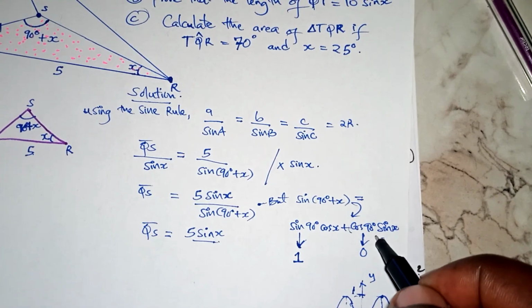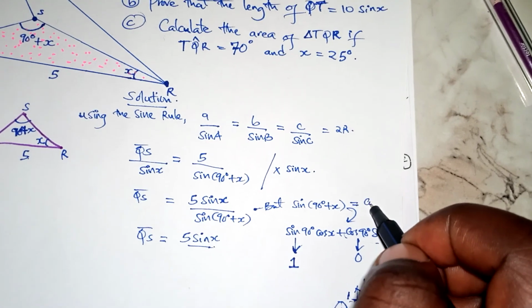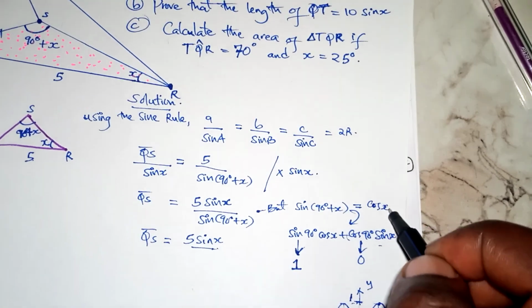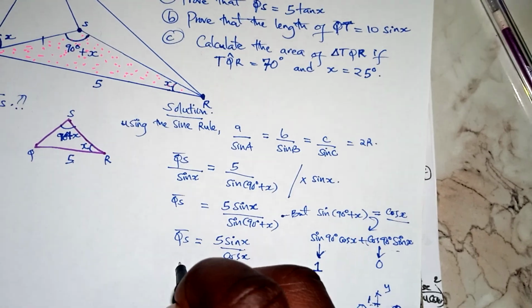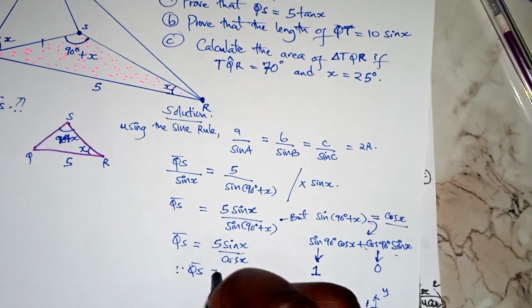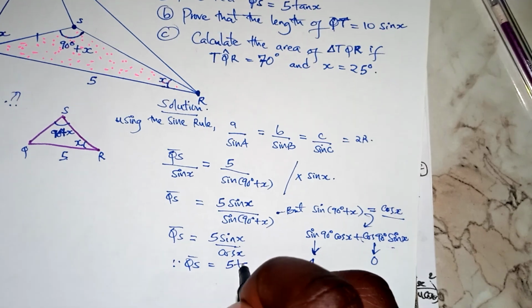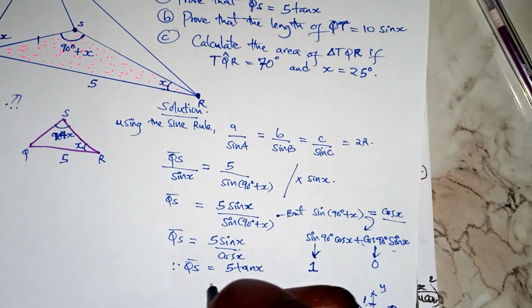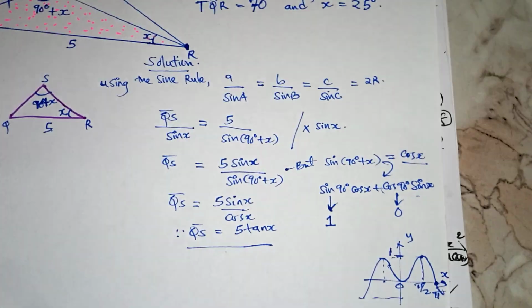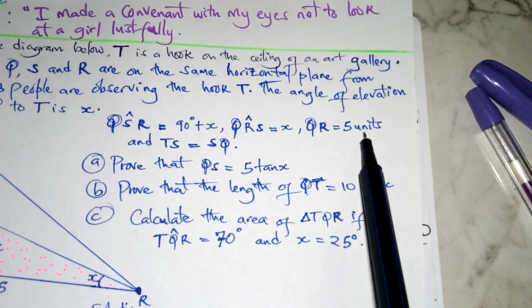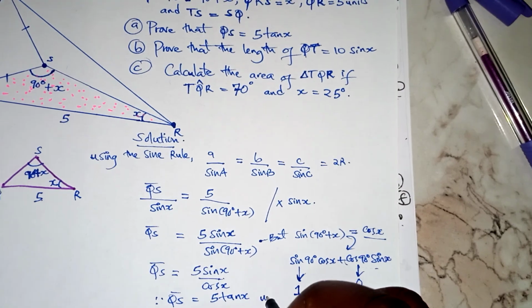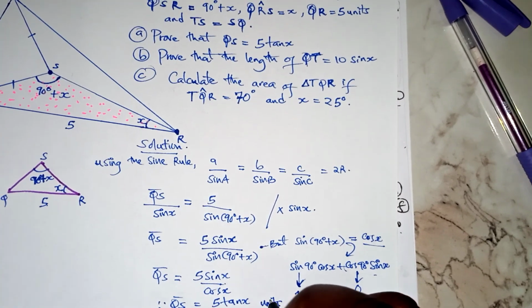This whole term has gone, we remain with cos x. Therefore, our QS will be 5 tan of x. And these are what? Units. Why? Because we have here 5 units.